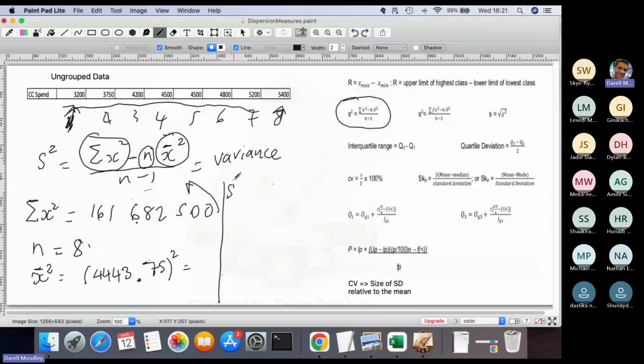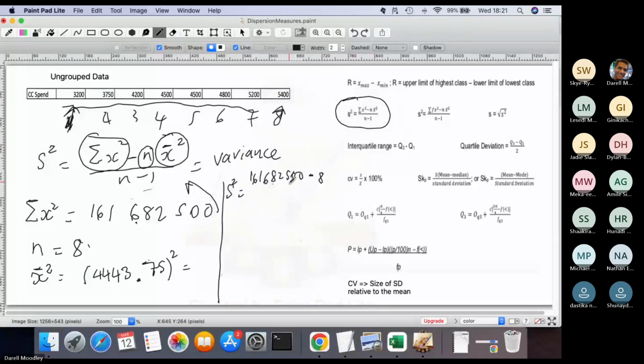So you've got your S squared equals 161,682,500 minus your n, which is 8, times your x bar, which is 44443.75, all squared, divided by n minus 1, which is 8 minus 1.